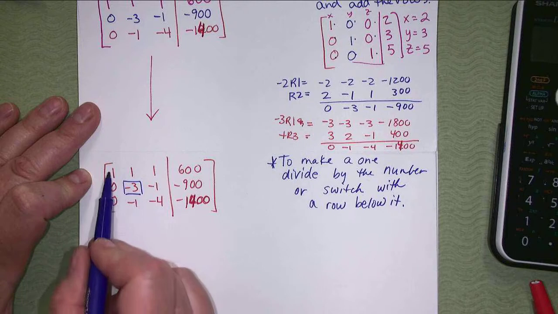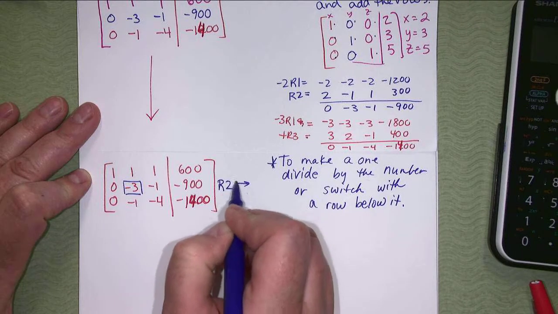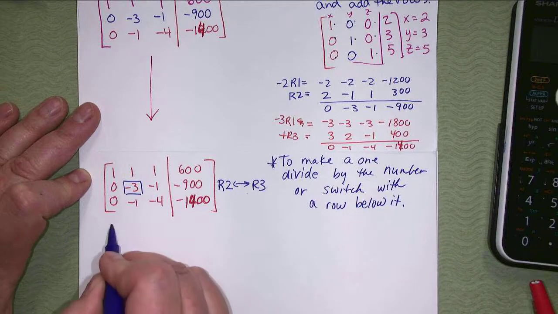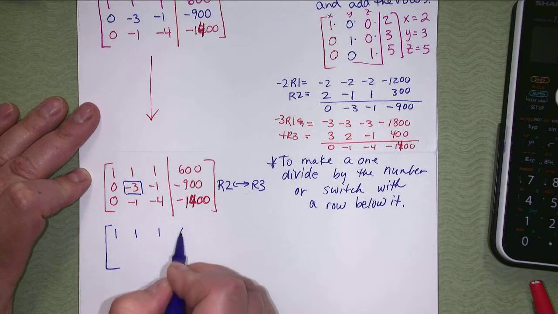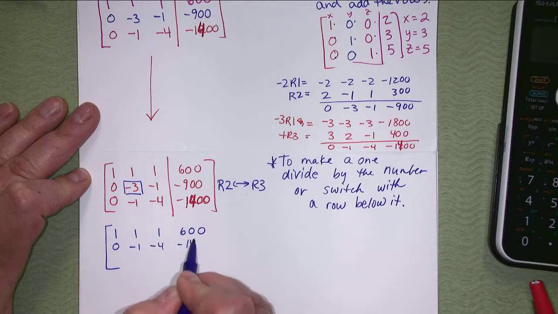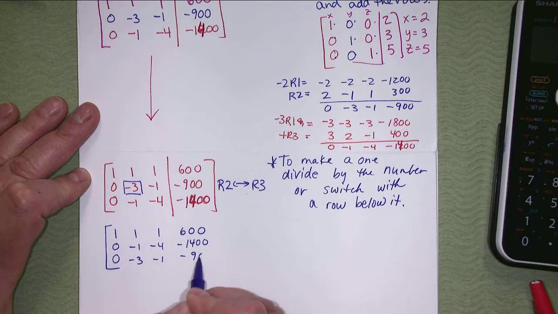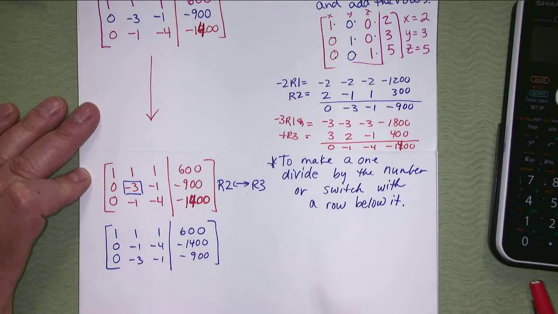So to show a switch, we're going to say row 2 is going to switch with row 3. There. And then that will work out better.